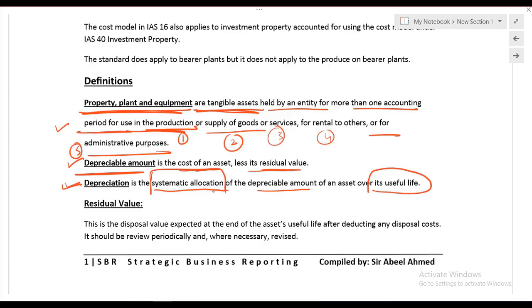Repeat. What do you mean by systematic allocation? Systematic allocation means your depreciation method should match with the pattern of economic benefit from the asset.